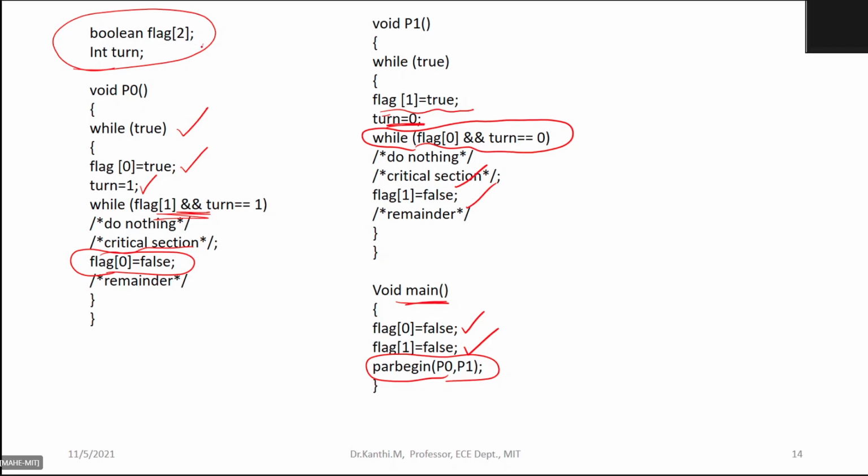Here you have flag 0 and flag 1, the variables which are declared. This is your Peterson's algorithm given in a simple way.